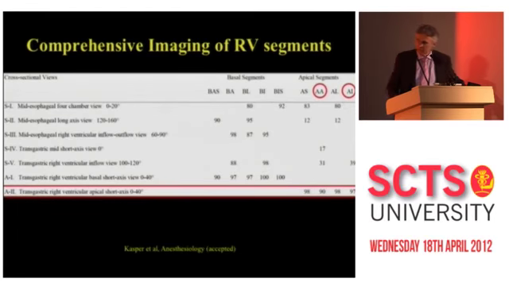What was the reason that we could increase that? Well, it was the transgastric right ventricular apical short axis view that allowed us to image all apical segments quite reliably.